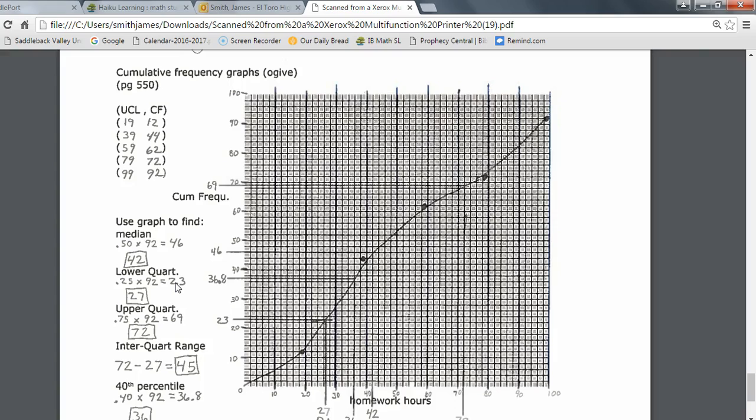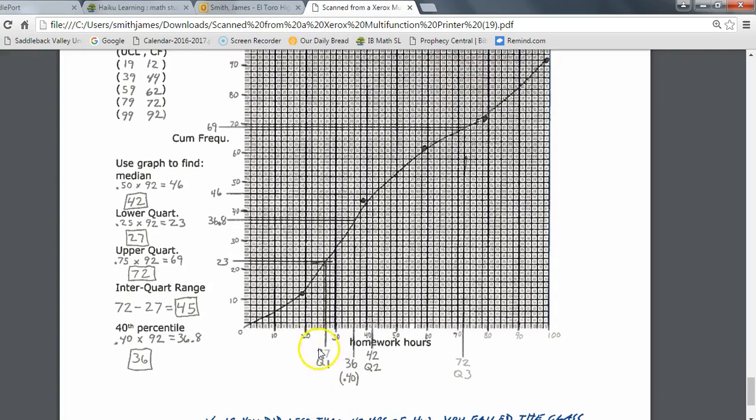The question ultimately is, what is the value of the 23rd term? If we go up our y-axis and find the 23rd term, we can trace that over and down as accurately as possible to identify it. So 27 is our lower quartile, or Q1.